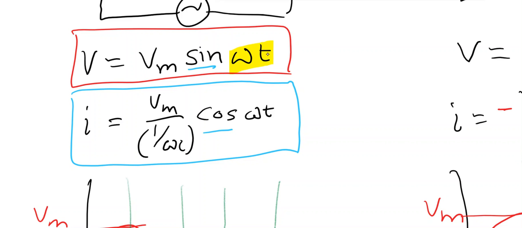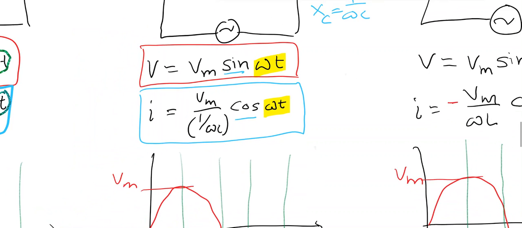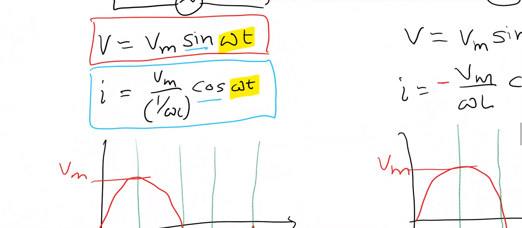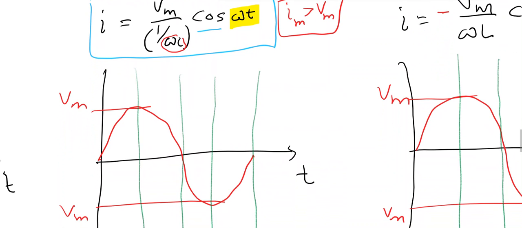Voltage is changing as per omega t, current is also changing the same way. Okay, so now as we know that this factor omega c will go up and will be multiplied with Vm, I assume here that the maximum value of current is more than the maximum value of voltage. Not necessary that this assumption always holds true. Okay, so I'll start showing current from somewhere here. Both are functions of omega t, so when voltage is maximum, current should reach 0 value.